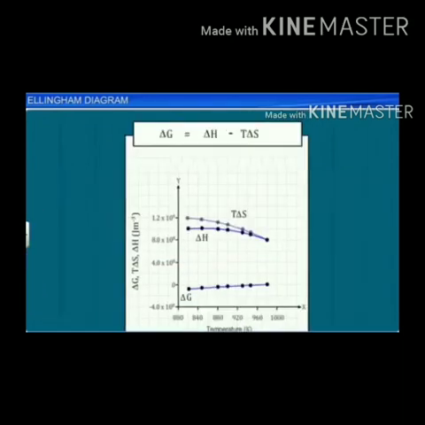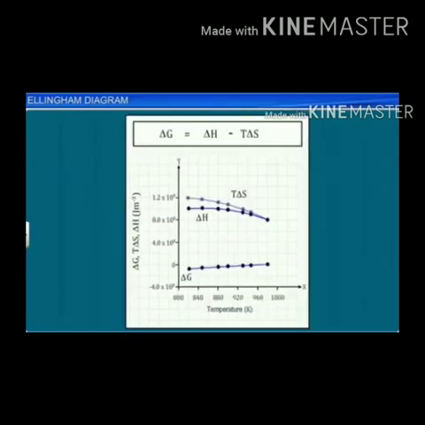Consider a reaction such as the formation of an oxide, 2M plus O2 gives 2MO. In this reaction, the entropy or randomness decreases from left to right due to the consumption of gases. Hence, delta S becomes negative.